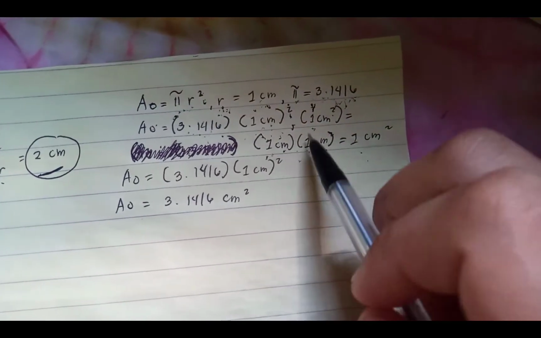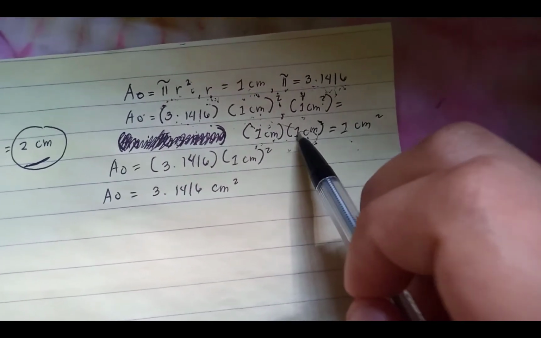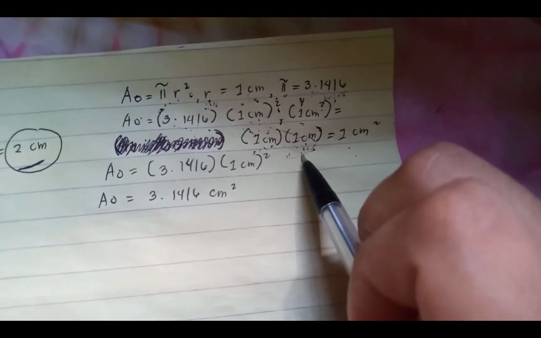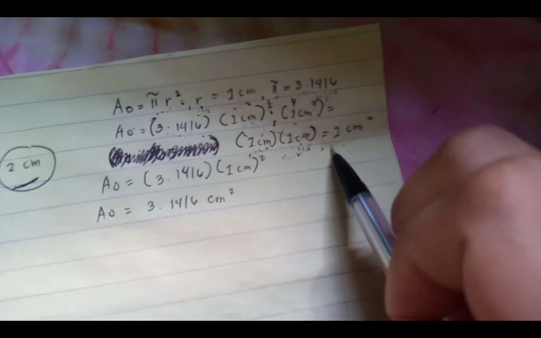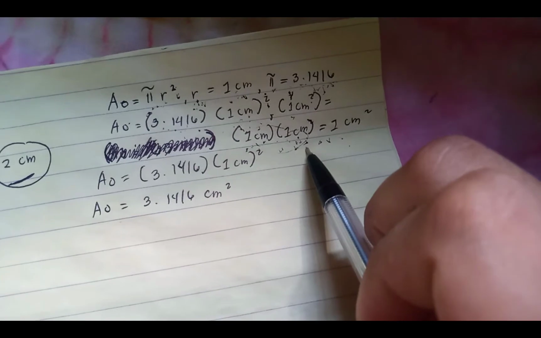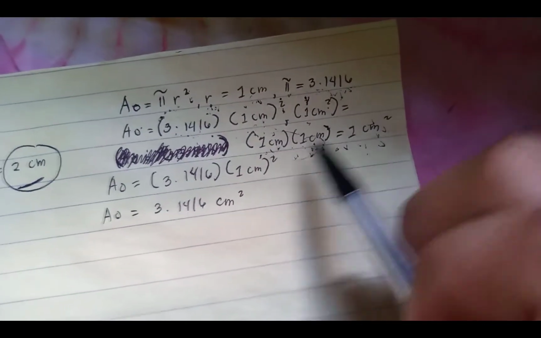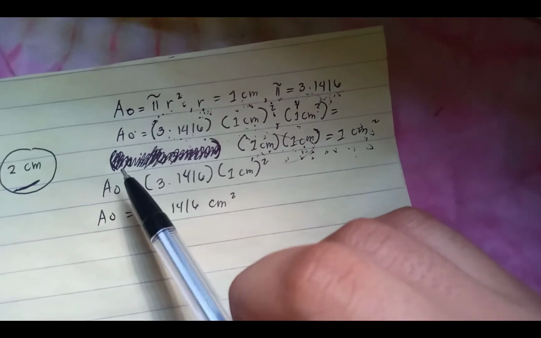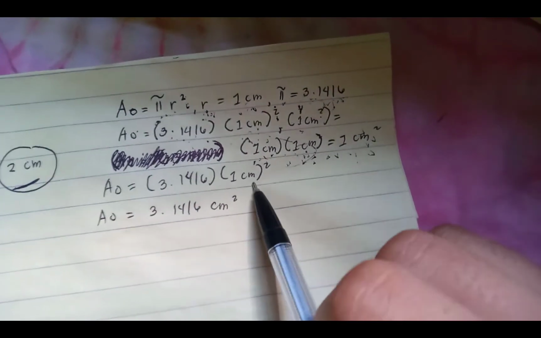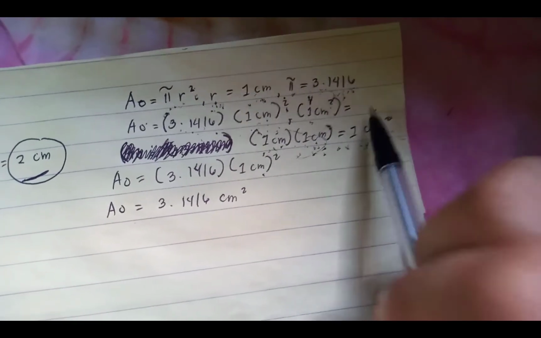So I think this is our numerical coefficient. So 1 times 1 is 1. Then centimeter times centimeter is cm to the power of 2. So this will be 1 centimeter to the power of 2.